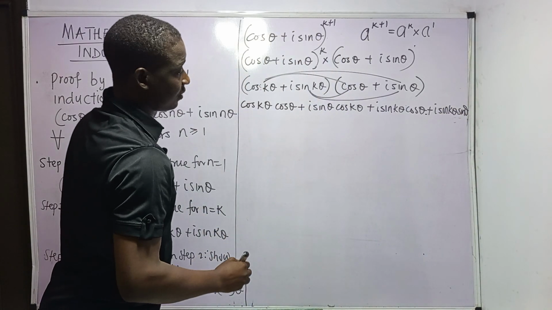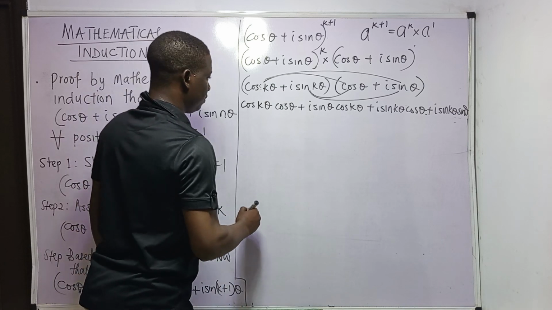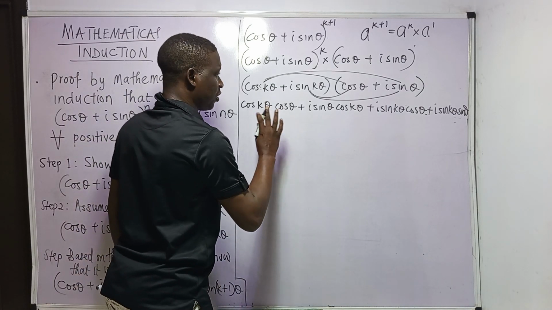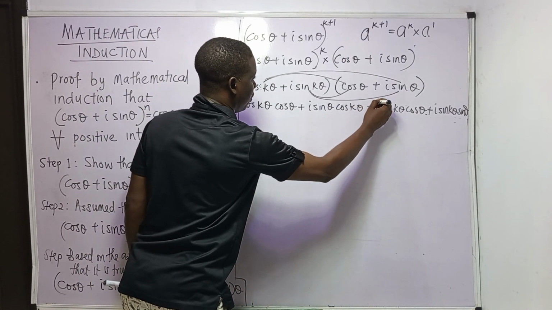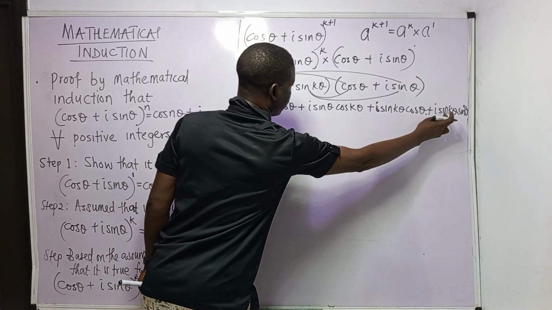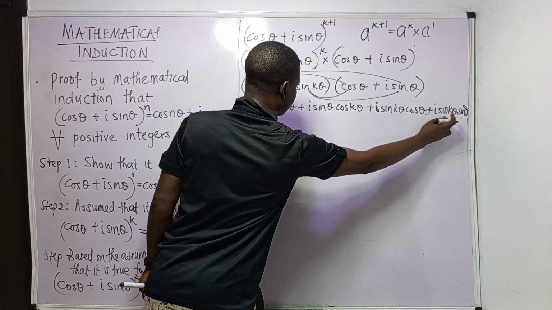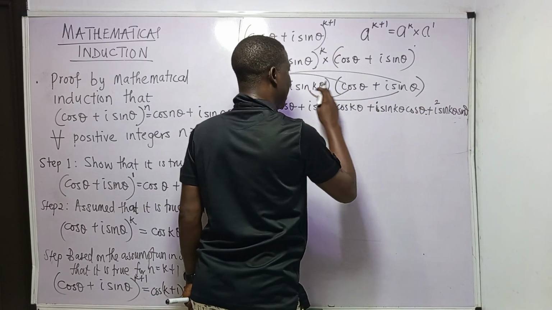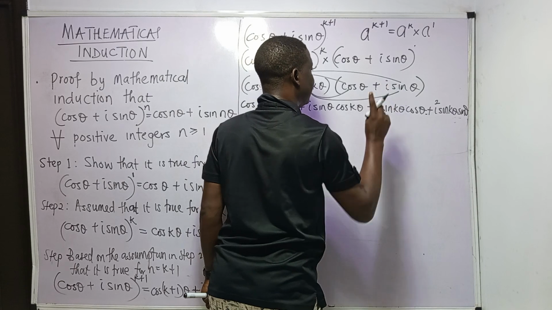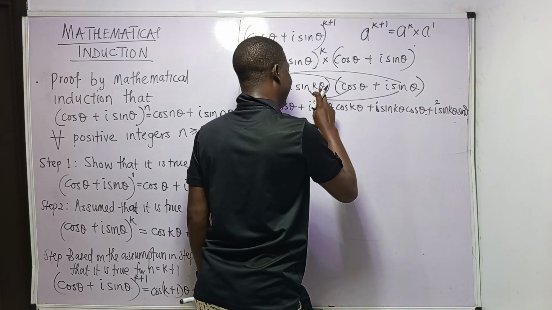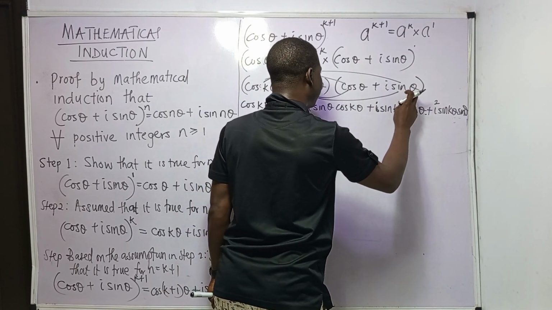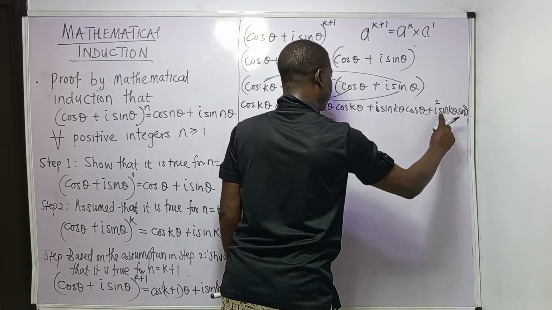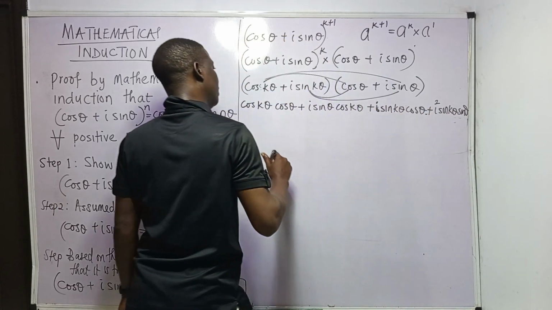Now after doing that, let us collect terms. This one is a complex number. This will be i squared, because i times i is i squared, then sin kθ times sin θ is sin kθ sin θ.